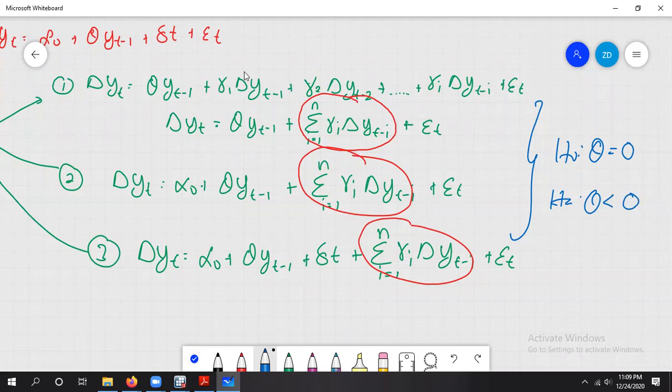We are still interested in and focus on the value of theta. The hypothesis is theta is equal to 0, or theta is less than 0.